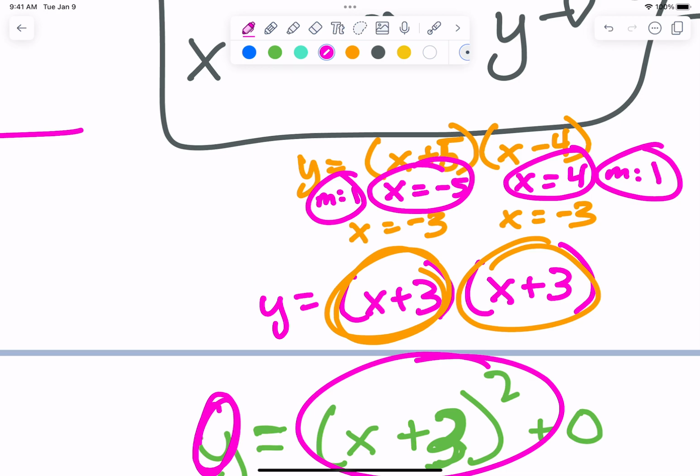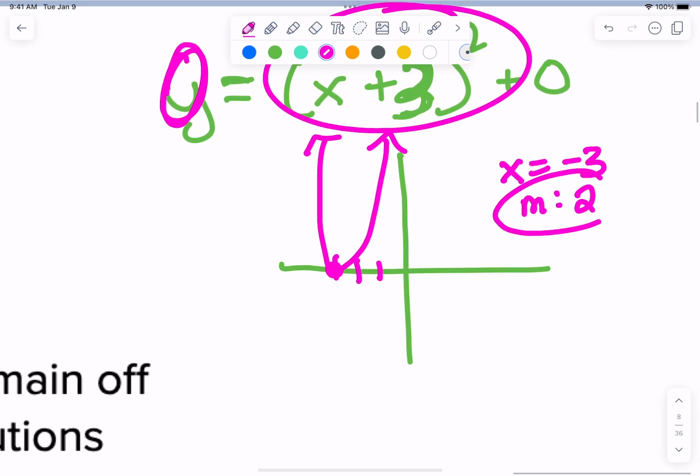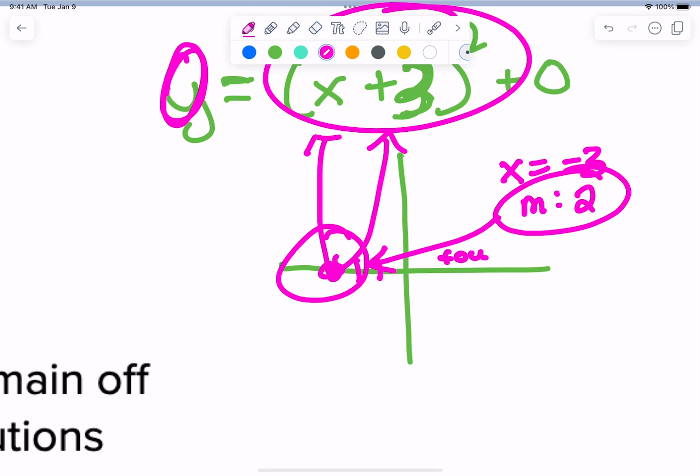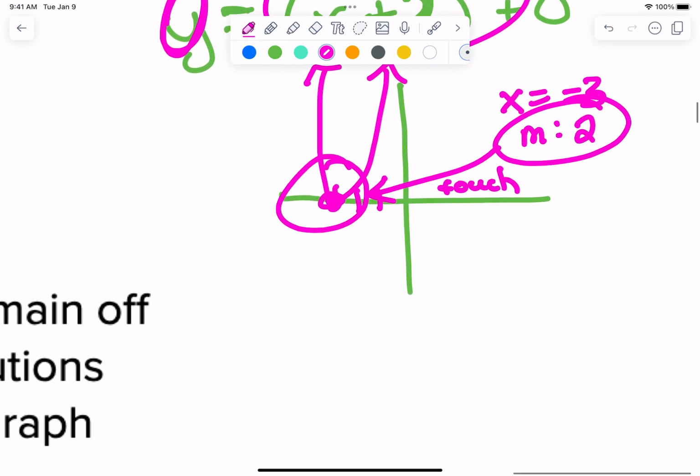Let's see what I mean. This guy had a multiplicity of 2, which means he is a touch point. He is not a cross point. He touches. He does not cross. Does that make sense? Because he has an even multiplicity. If he's an even multiplicity, he's a touch point. If he's an odd multiplicity, he's a cross point.